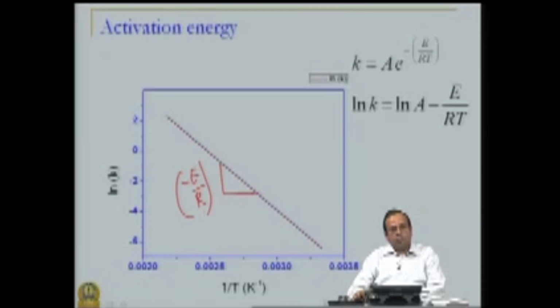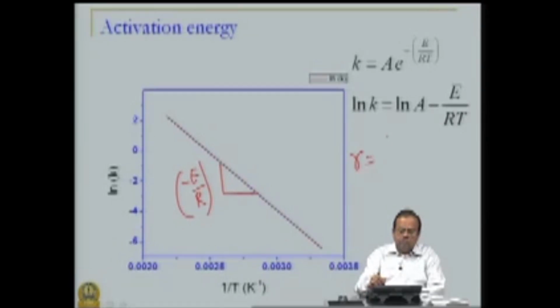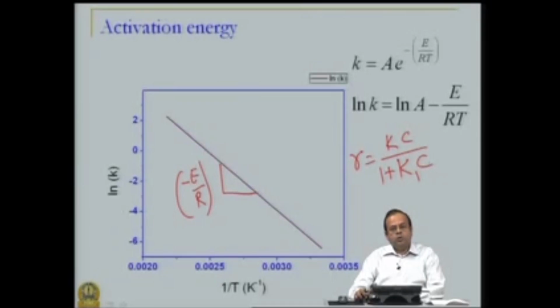Just as we talked about apparent order when we talked about reaction rates which do not necessarily follow power law kinetics, where we define apparent order as the partial of ln R with respect to ln C1, we can also define the activation energy, or rather apparent activation energy, when R does not necessarily follow a simple power law kinetics.